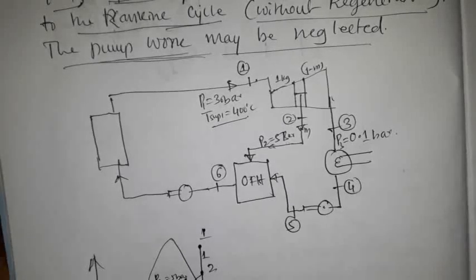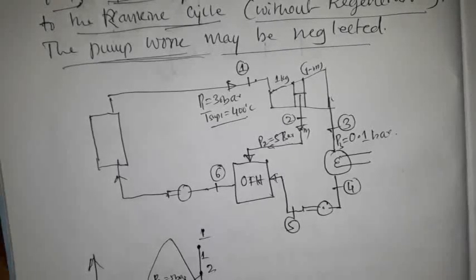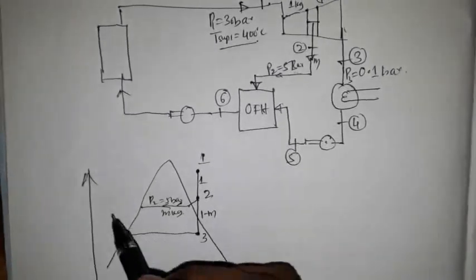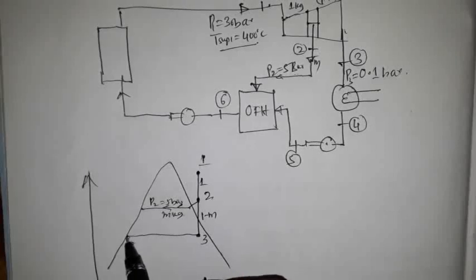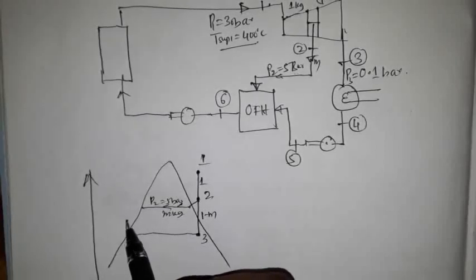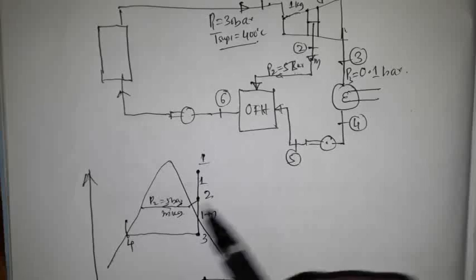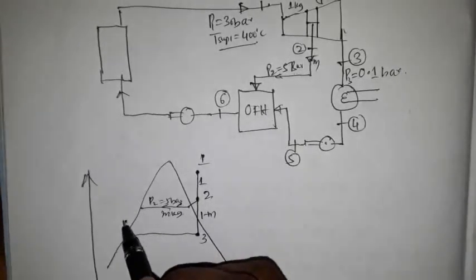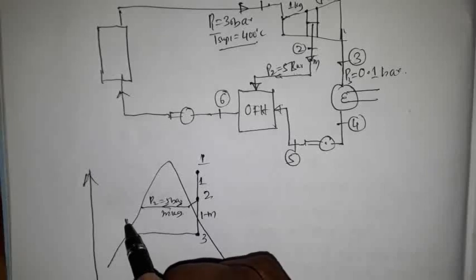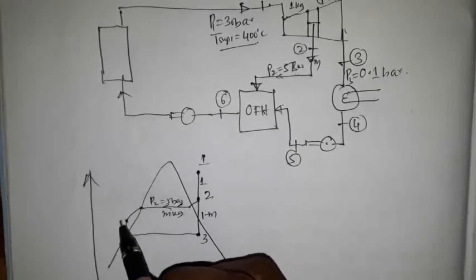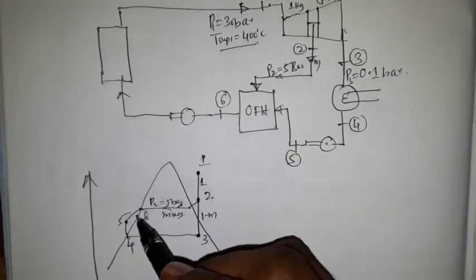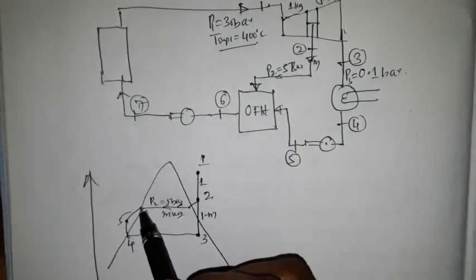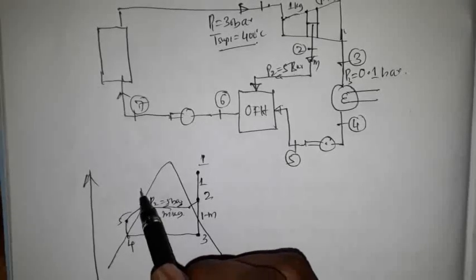From 3 to 4 I have the condensation, and 4 to 5 we have pumping work. 5 to 6 is open feed water heating, and 6 to 7 is boiler pumping work.